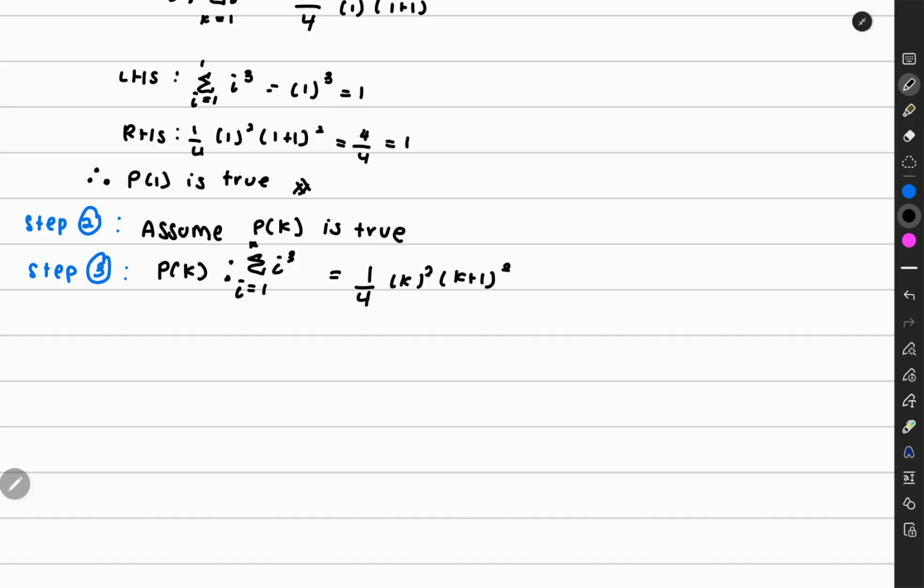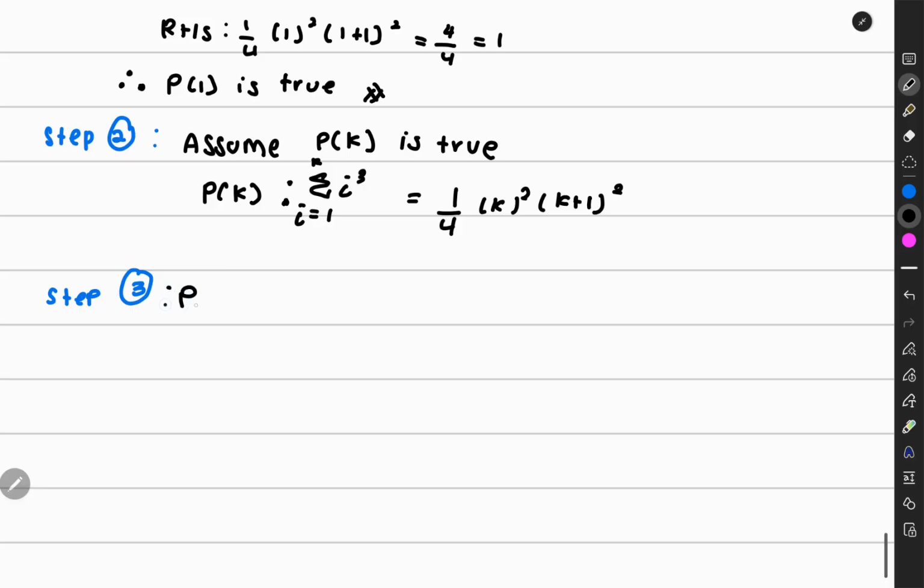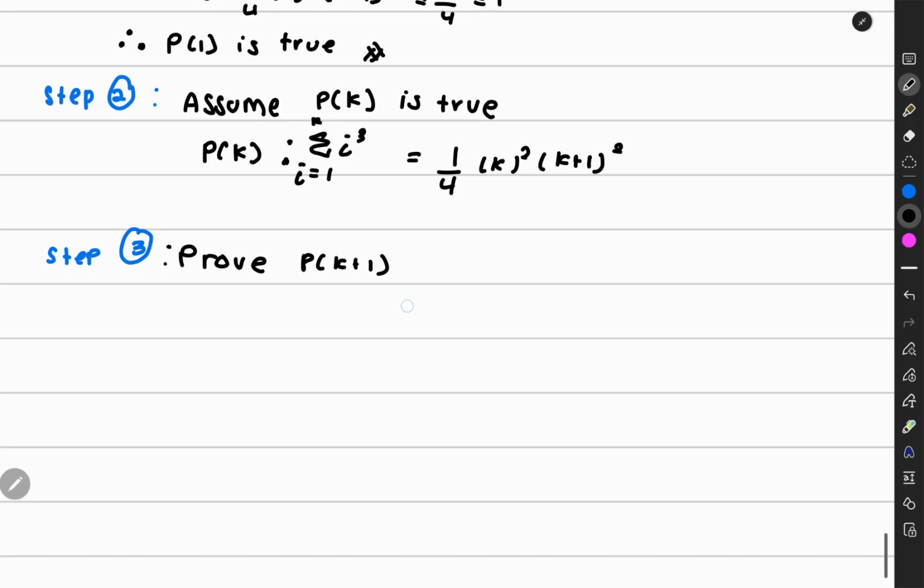Alright, so next part. Now we have the assumption that P(k) is true. So what do we do next? Now we prove P(k plus 1). First thing first, you need to write down this open statement of P(k plus 1). You have to write it down first.